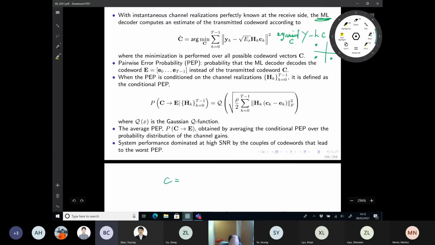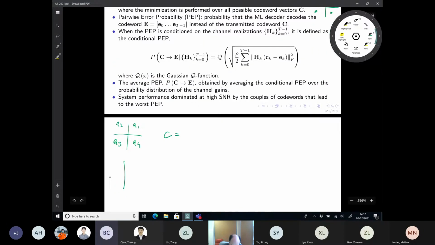So I have Alamouti, something like this. Let's imagine that I have a constellation here with, let's say, points A1, A2, A3, and A4. And because I transmit two symbols, I'm going to have two constellations, right?